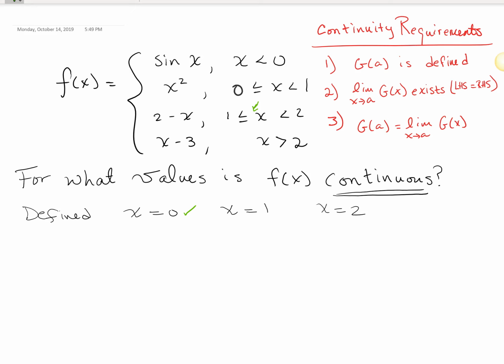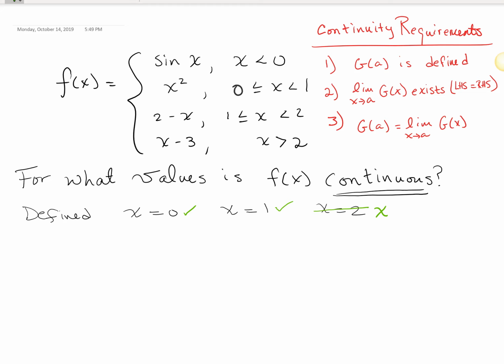So it is defined at 1. So that's good. And now we check, is it defined at 2? Well, if you look here, this one right here and this one right here are a less than and a greater than, so it's actually not defined at either of those two. So 2 is out of the question. All right, so we can eliminate 2 as an option.